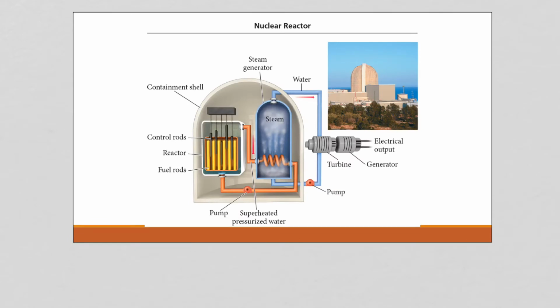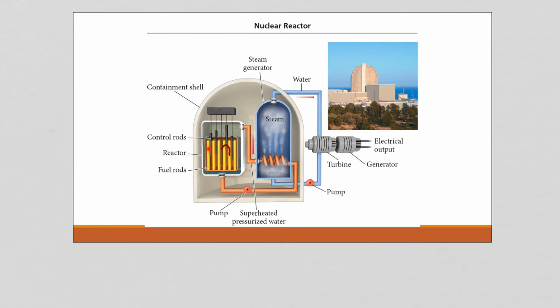So just to look at the layout here. If we think about there being two parts of a nuclear reactor, we have the nuclear part, where we have the reactor, right? The reactor here is made up of the nuclear fuel, which is the fissionable material, what we call fuel rods.